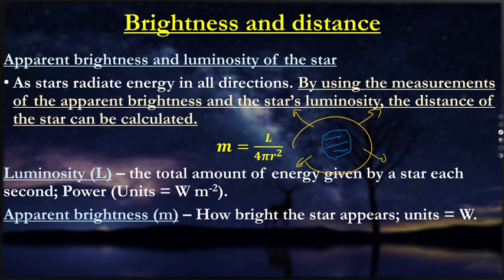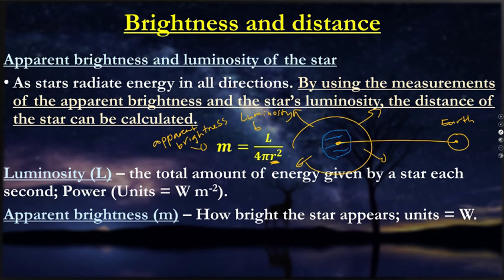This direct relationship between our luminosity and apparent brightness can tell us this distance r here. Now r is actually the distance from the center of whatever star you're looking at to the center of whatever planet you're looking at it from. So in this case, it could be from Earth.